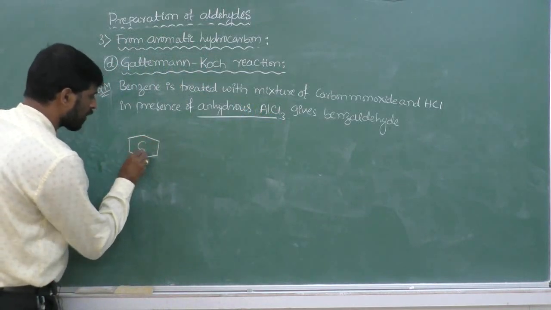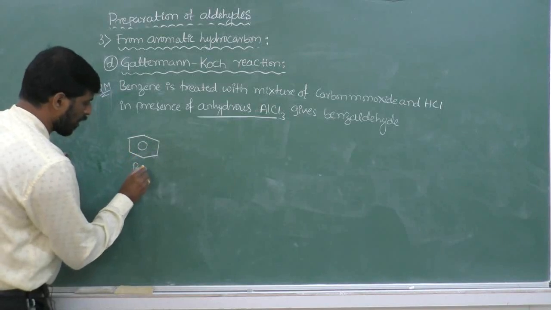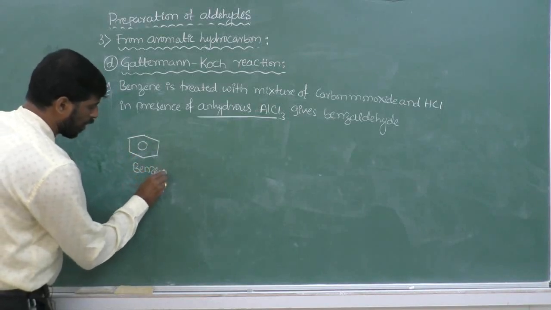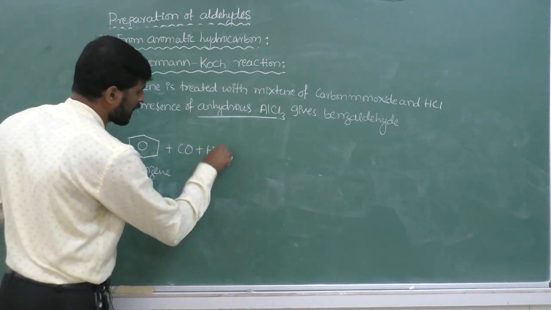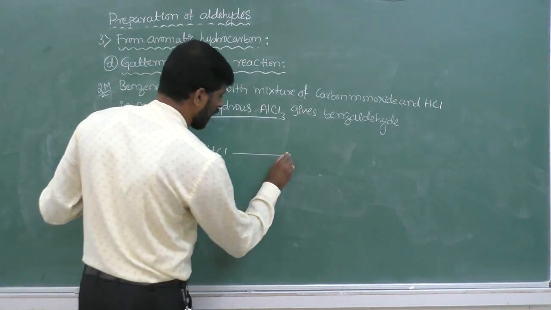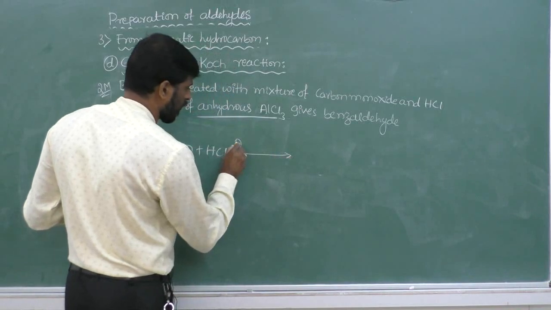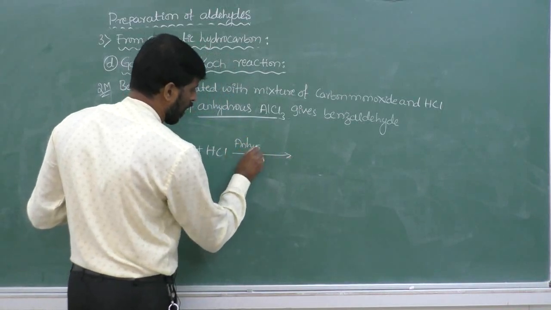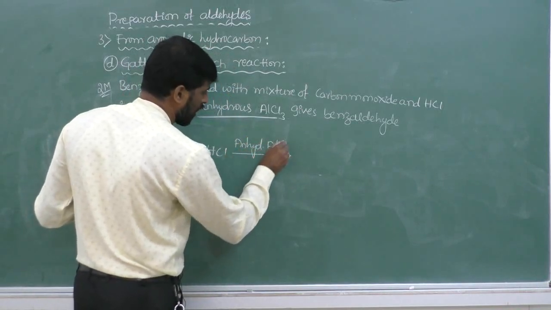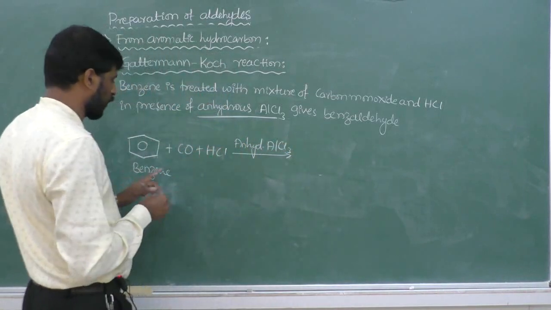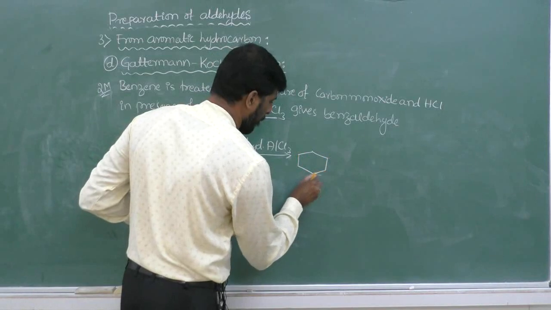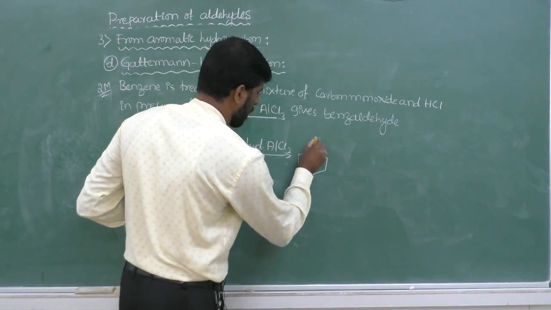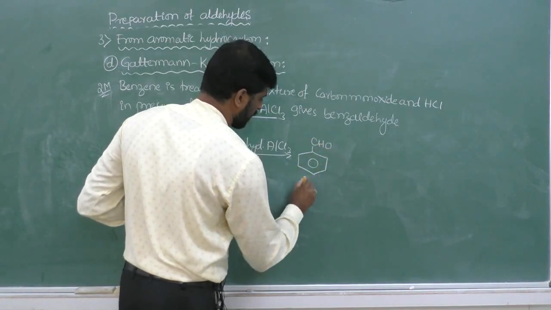Benzene is treated with a mixture of carbon monoxide and HCl in the presence of anhydrous aluminum chloride, that leads to the formation of benzaldehyde.